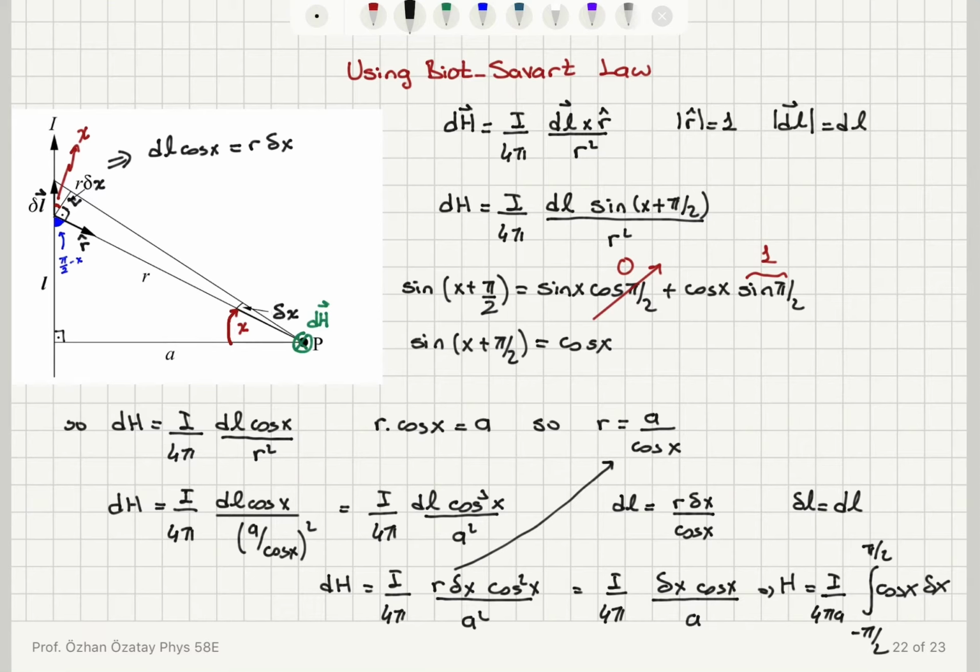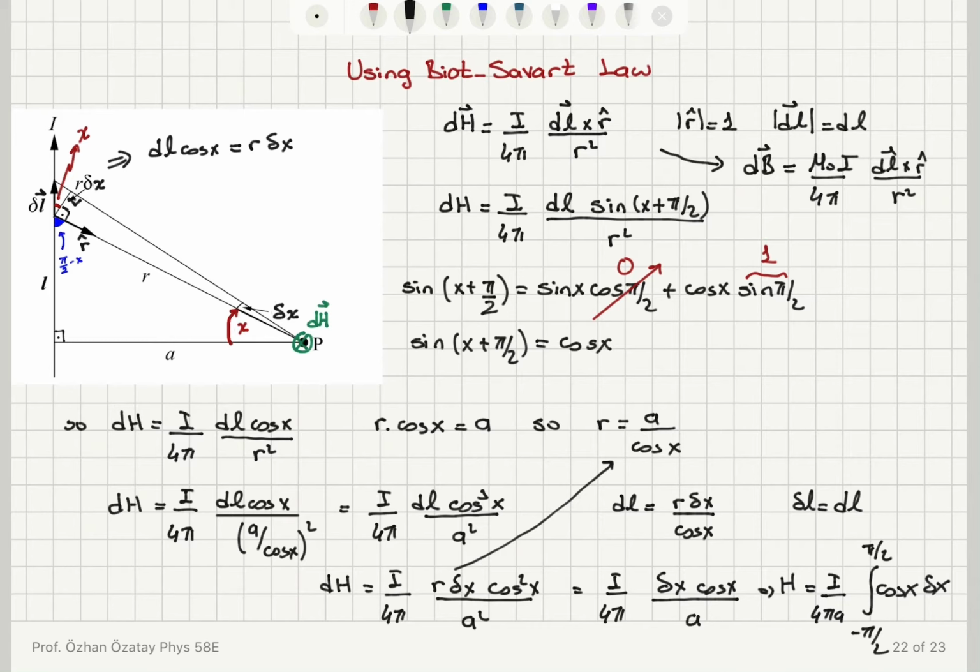Let me remind you, the more familiar form from your basic physics classes is mu 0 I over 4 pi, dl cross r hat over r squared, for the B vector. But we're talking about the H vector here, so B is equal to mu 0 H. We're assuming we're doing this in vacuum.